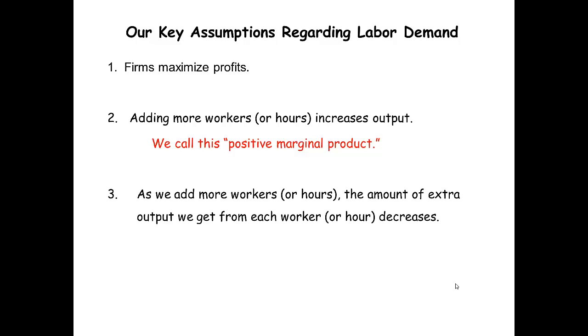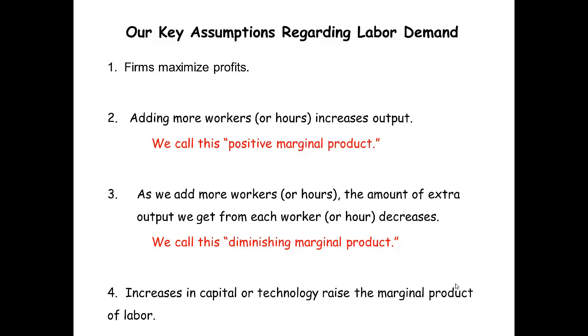However, we're also going to assume that as we add more workers or hours, the amount of extra output we get from each worker or hour decreases. And we call this diminishing marginal product. We also assume that increases in capital or technology raise the marginal product of labor. Okay, so those are four really important assumptions that are underlying our model of labor demand.